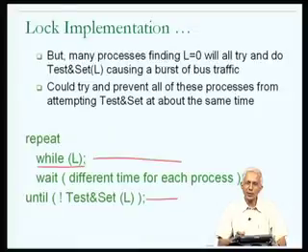And this will cause them to actually end up attempting to test and set the lock not at approximately the same time, but at different points in time, and therefore reducing the intensity of the impact on the bus utilization.